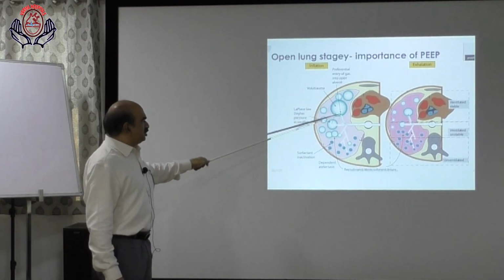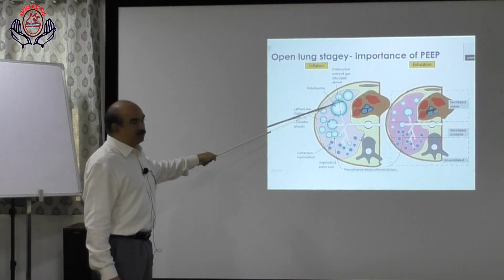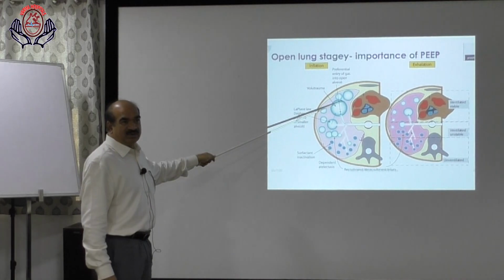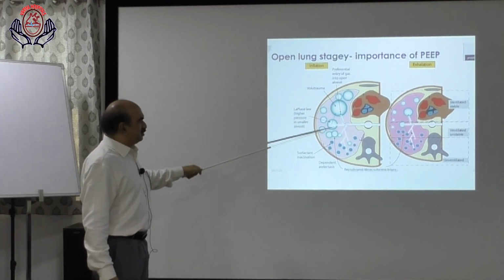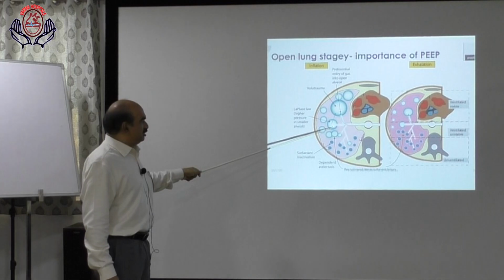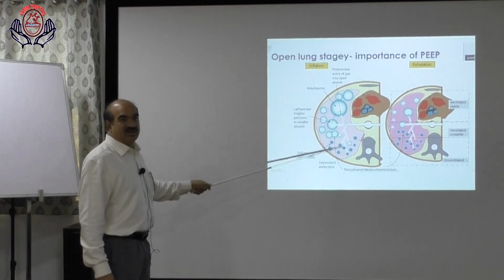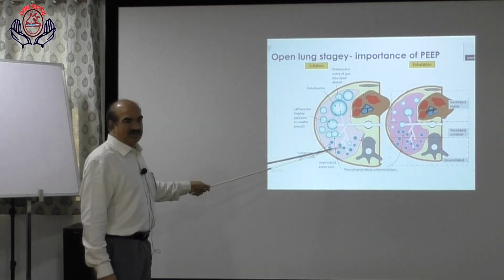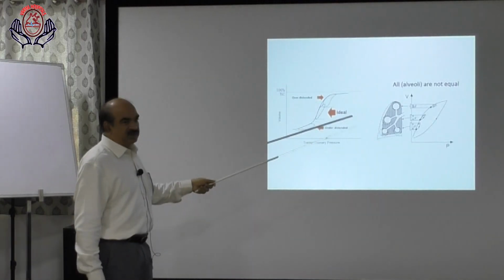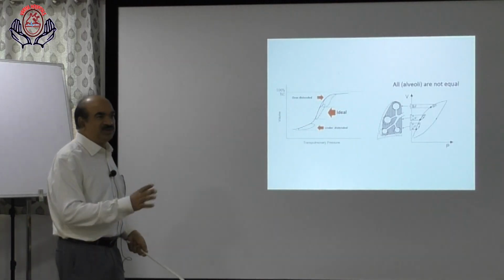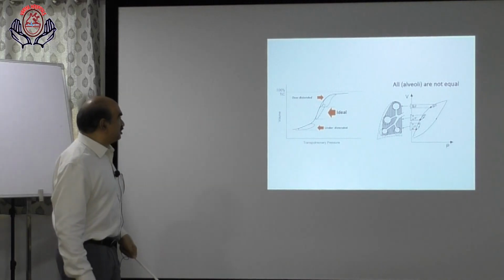So, there are various zones. In some zones alveoli are normal or distended, in some zones alveoli are collapsed, in a few zones alveoli are completely collapsed. All alveoli are not equal; depending on involvement of alveoli in various zones, we should change the settings.